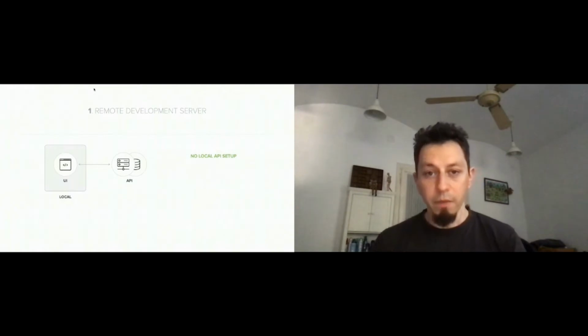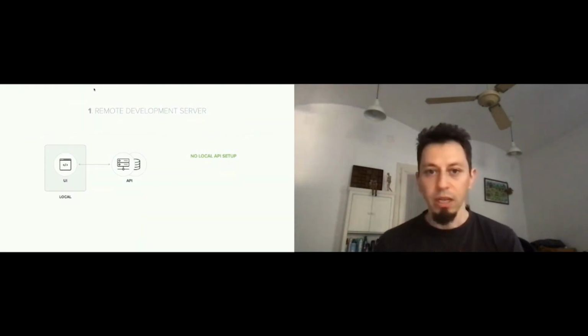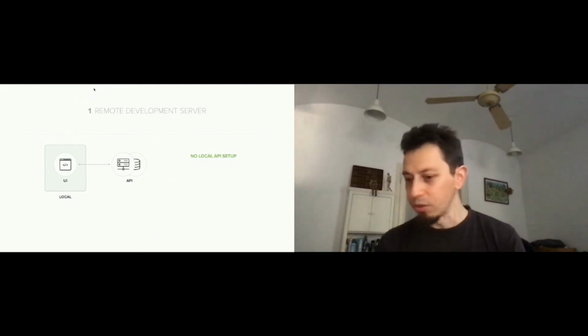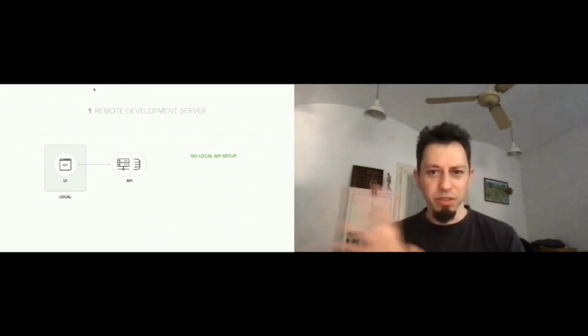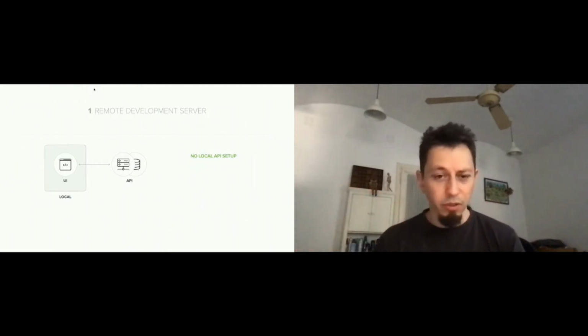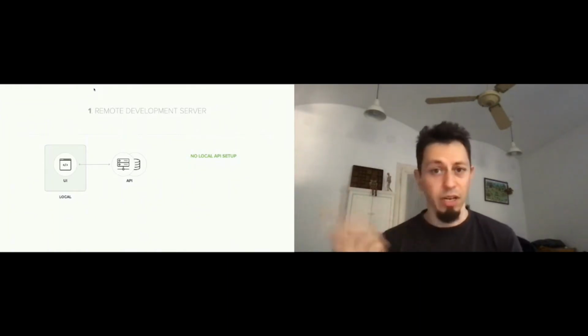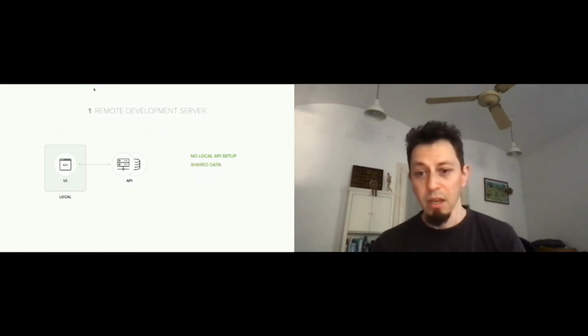This is pretty convenient because, as a UI engineer, I don't really want to have complex local environment server kind of stuff, because I'm not really good at those things. So for me, it's really convenient to have somebody else take care of the deployment of the API on a server, and I just connect to it remotely. It's really convenient for me.